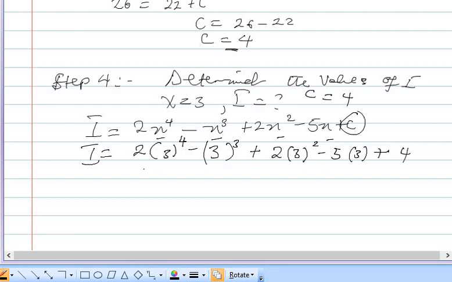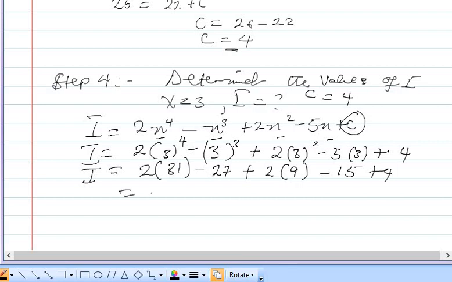So we can easily say our I should be 2 into 3 power 4, which is 81, minus 3 power 3, which is 27, plus 2 times 3 power 2, which is 9, then minus 5 times 3, which is 15, plus 4.